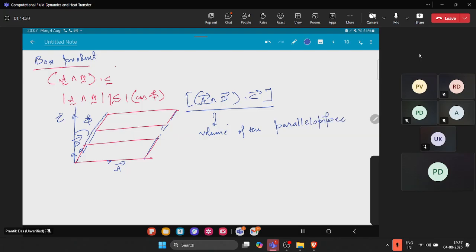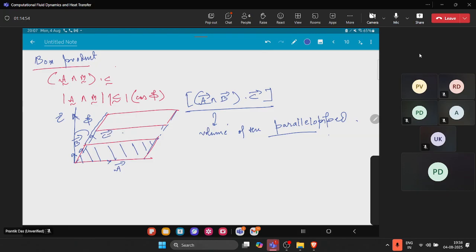Since A cross B is basically giving you the area of the base itself, the parallelogram, and then what you are doing is multiplying by the height itself, that is the C vector. So C vector is basically your height vector along this direction.